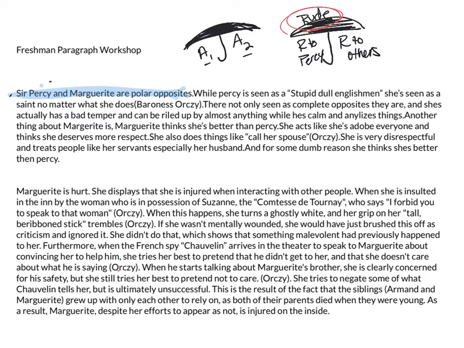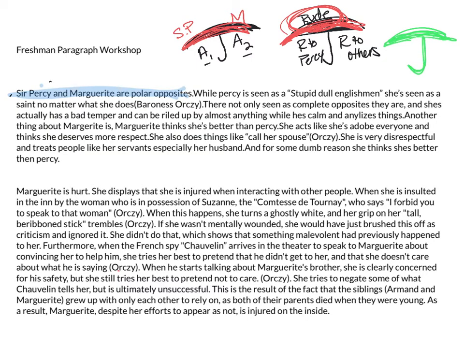Here's a problem, though. Sir Percy and Marguerite are polar opposites. I don't have one umbrella. I've got two. We're going to do Sir Percy and we're going to do Marguerite. And in the first paragraph we looked at, we were under one topic, the idea of rude. In the second body paragraph we looked at, they struggled a little bit with the execution of the actual arguments, but you could see that there was one clear umbrella.